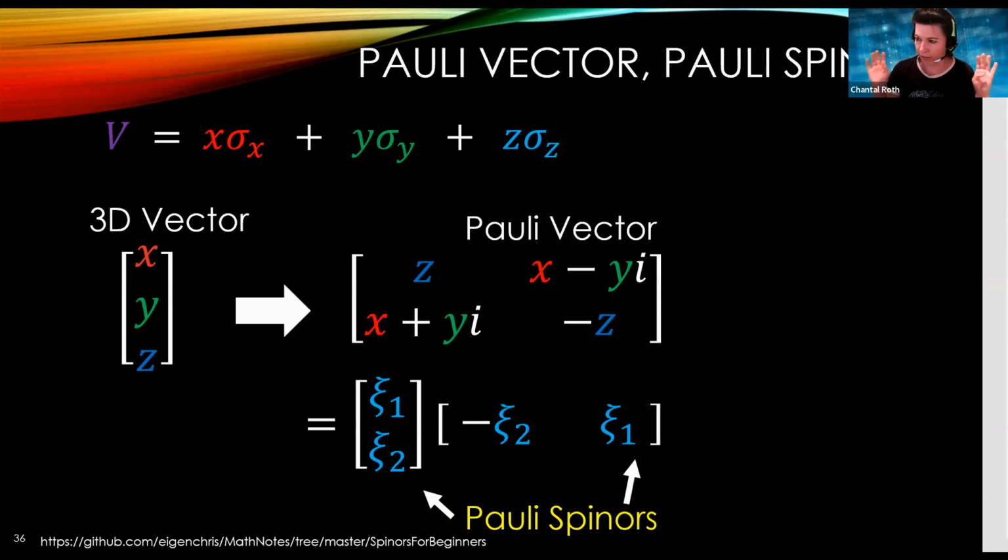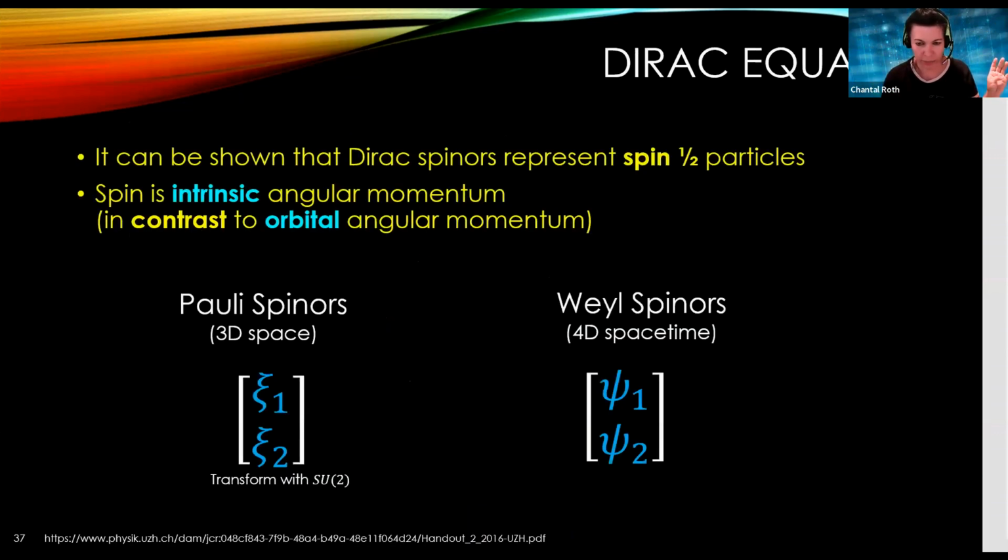Now there are two kinds of spinors. There's the Pauli spinors for 3D space and the Weyl spinors. I'm just going to do the Pauli spinors. I don't want to deal with the other, it's a bit complicated. So as you know, it can be shown that the Dirac spinors represent spin 1/2 particles.